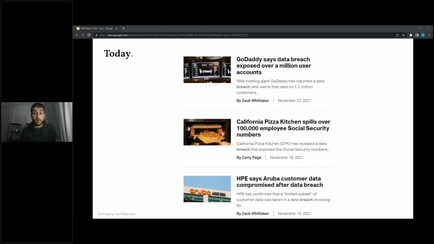They reported in their SEC filing that an unknown party used a compromised password and got access to some legacy system they have. They managed to access over 1 million user accounts, which is a big breach. It was talked about a lot at the time. I remember it made headlines all around.